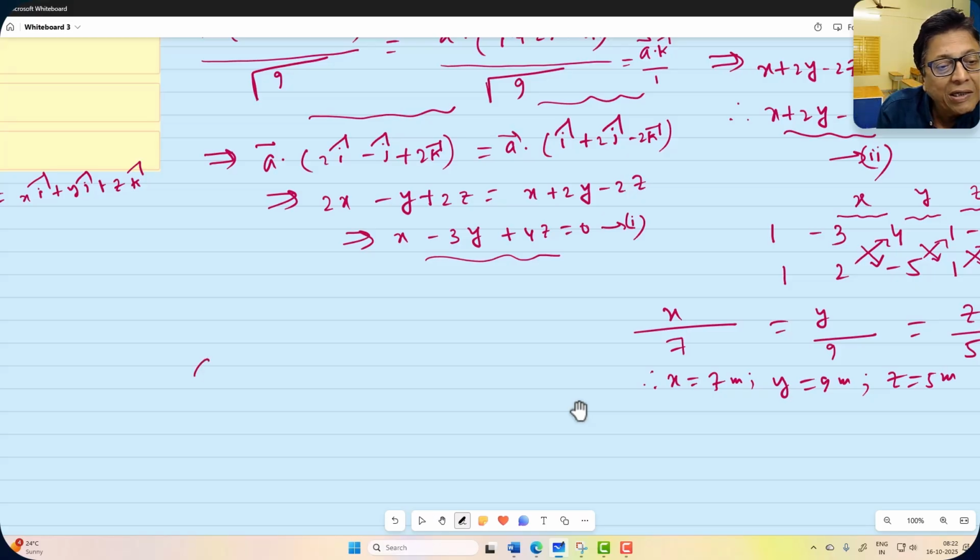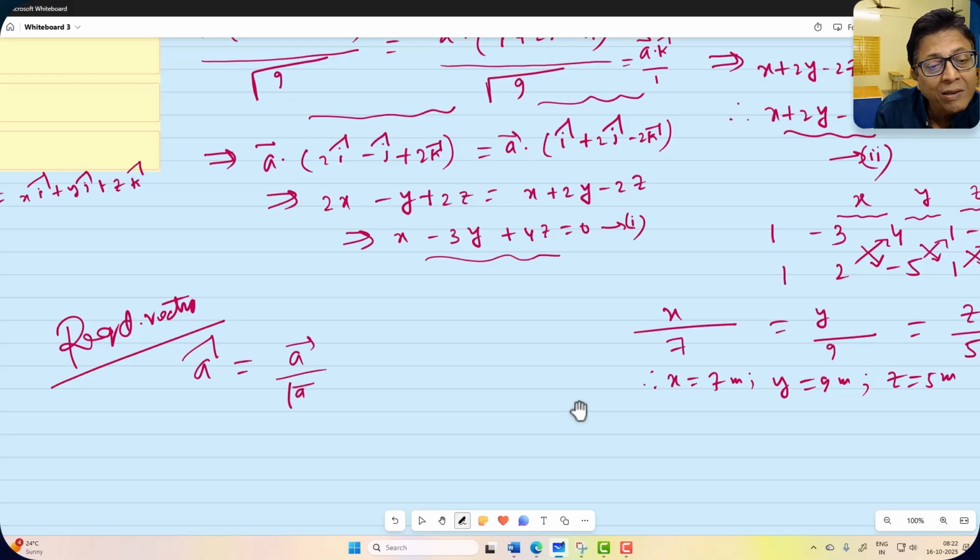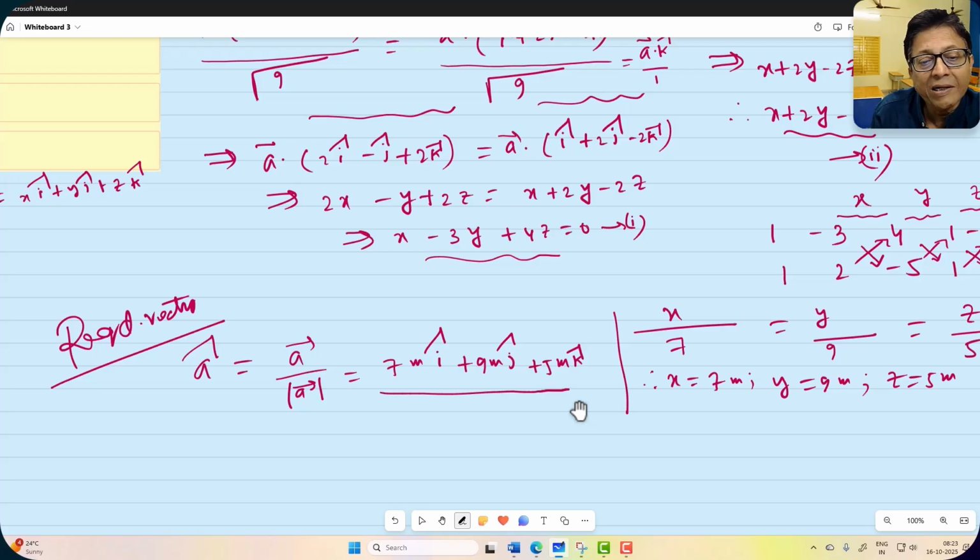So the required vector A cap is A divided by mod A, which is nothing but (7mi plus 9mj plus 5mk) divided by under root of 49m square plus 81m square plus 25m square.